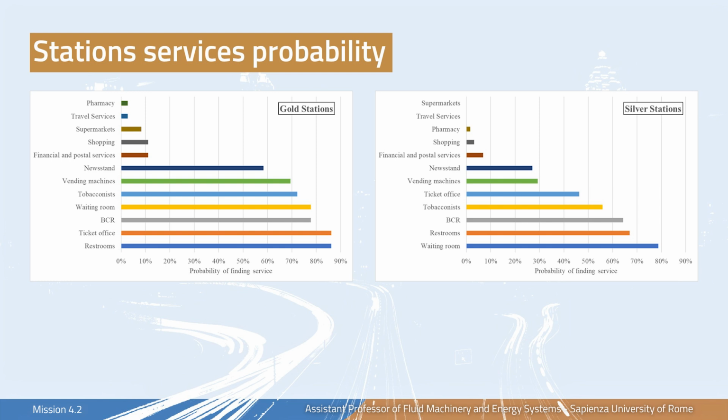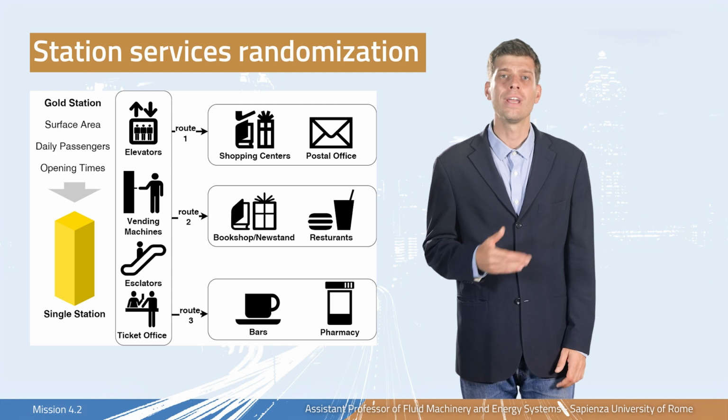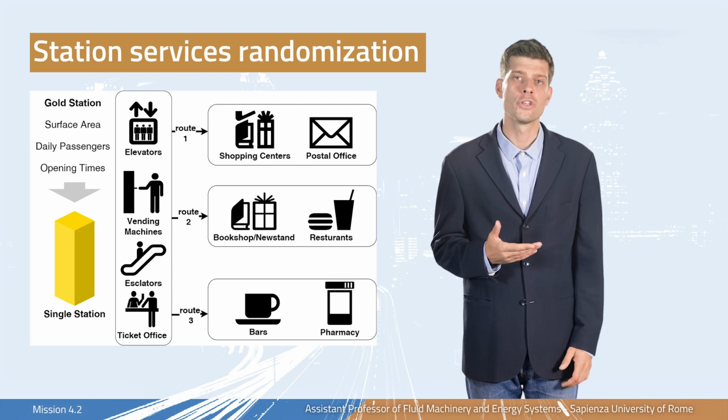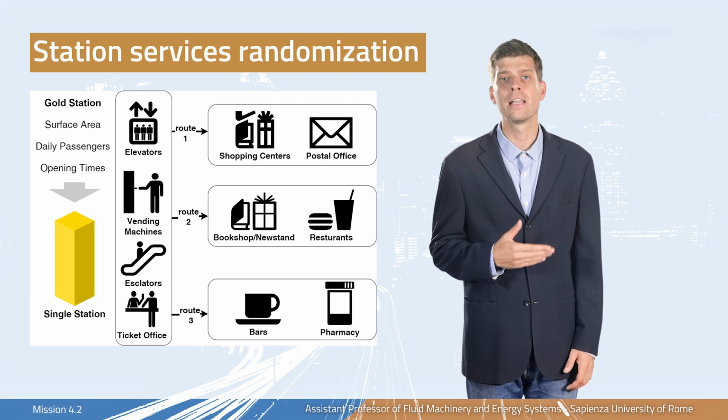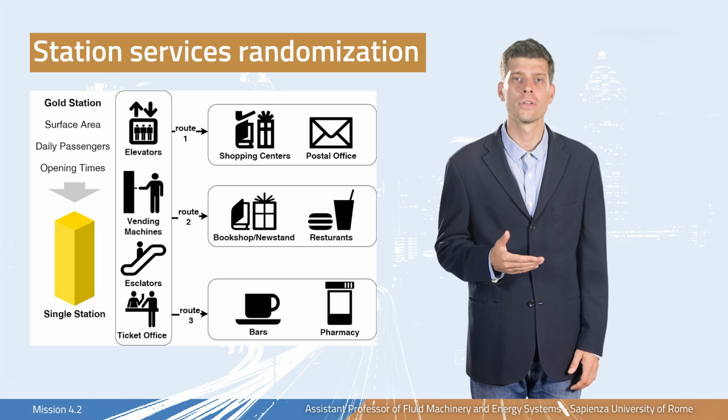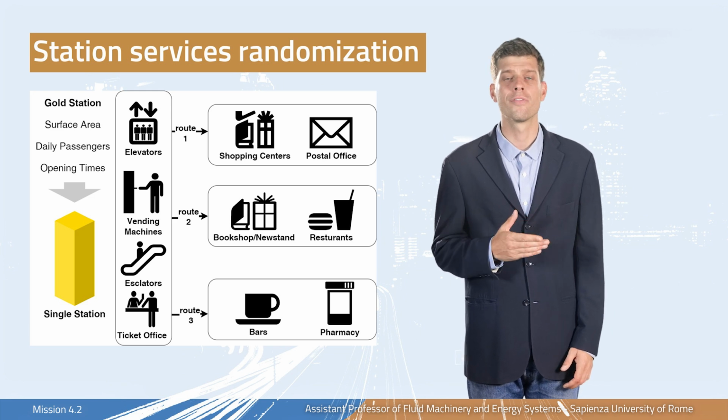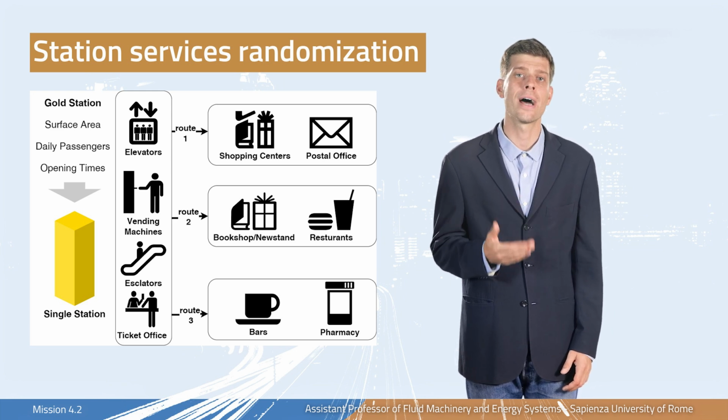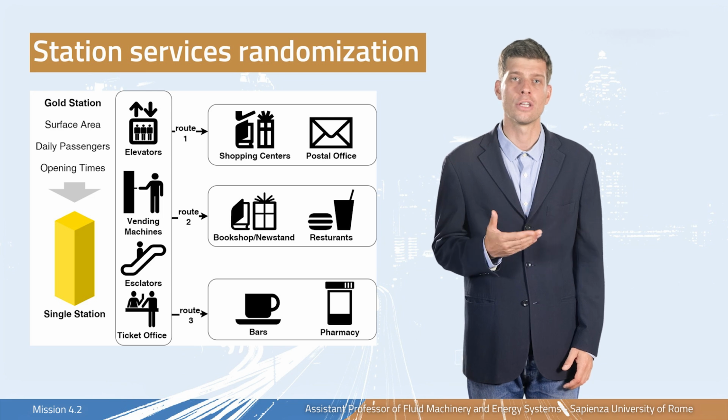This is reflected in the bar plot where the probability of finding different services in gold and silver stations across the whole Italian territory is presented. As shown in the figure, for each route archetype simulation, we randomize the likelihood of finding a combination of 3 or 4 different direct and indirect services for each station.